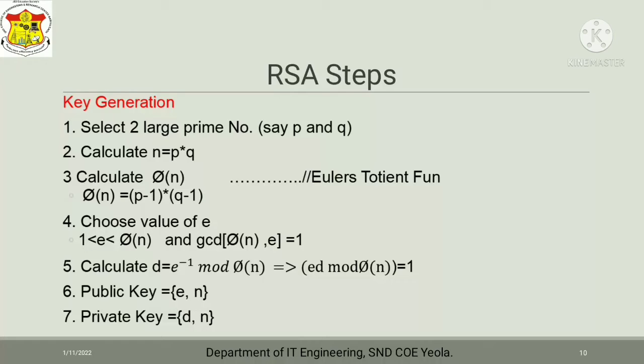Next we have to find the value of E. In order to find the value of E, that is the public key or encryption key E, the value should be less than whatever n value was obtained, and GCD of phi of n and E should be equal to 1. That is, the common factors between phi of n and E should only be 1 and not any other number.